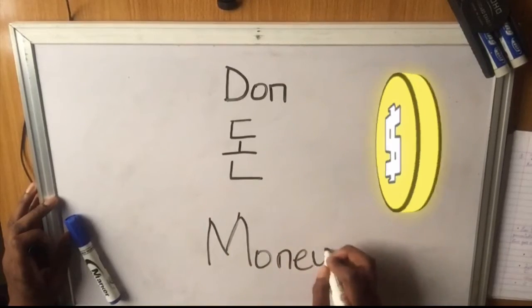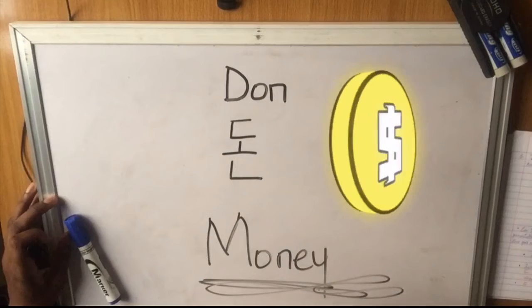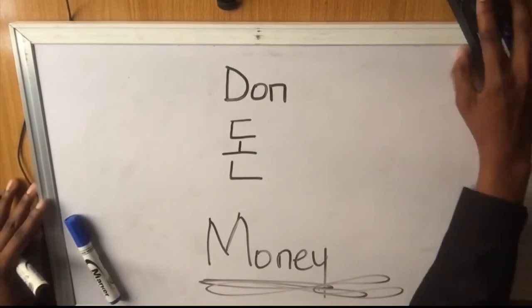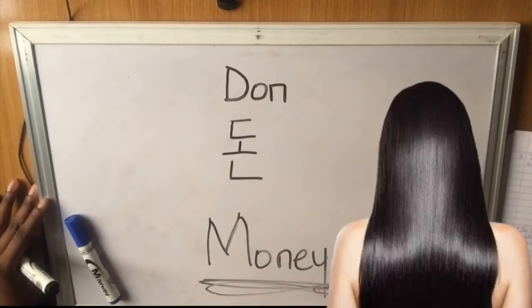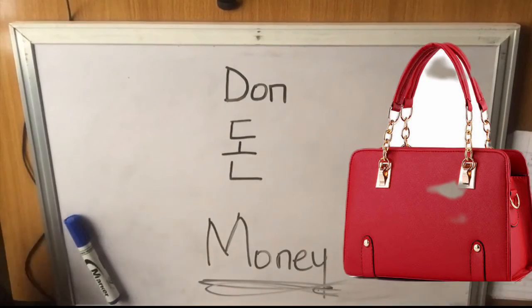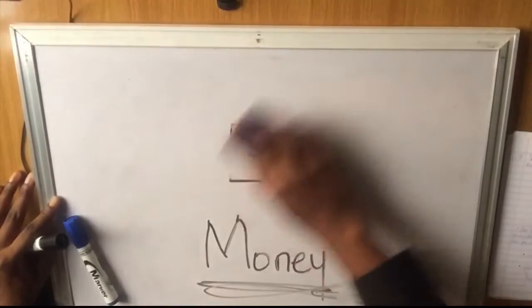Can someone hear me say money? Money makes the world go round. Money can buy you anything. 돈 can buy me hair. 돈 can buy me handbag. 돈 can buy me anything I want. So I think this word is pretty easy to remember.